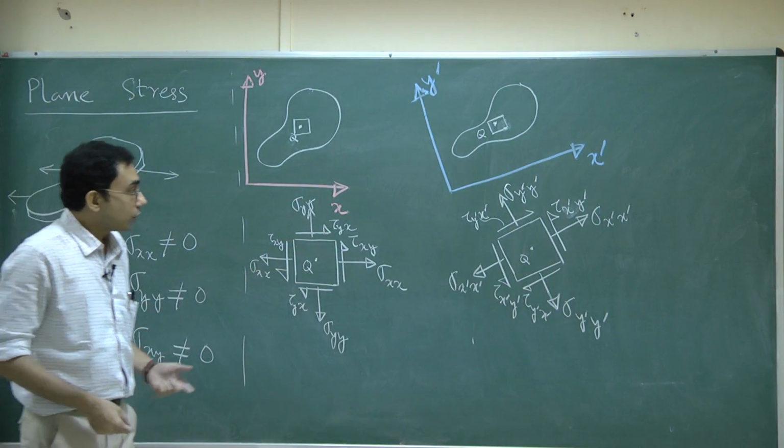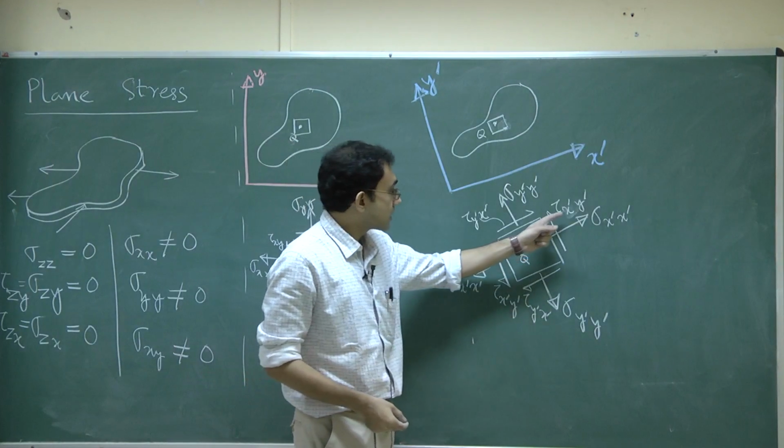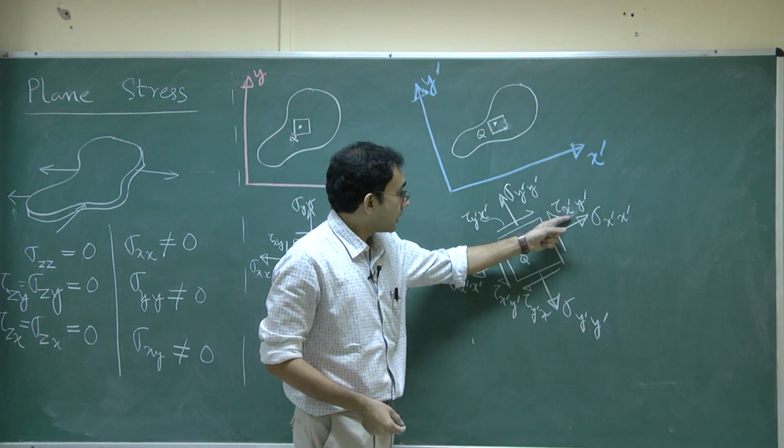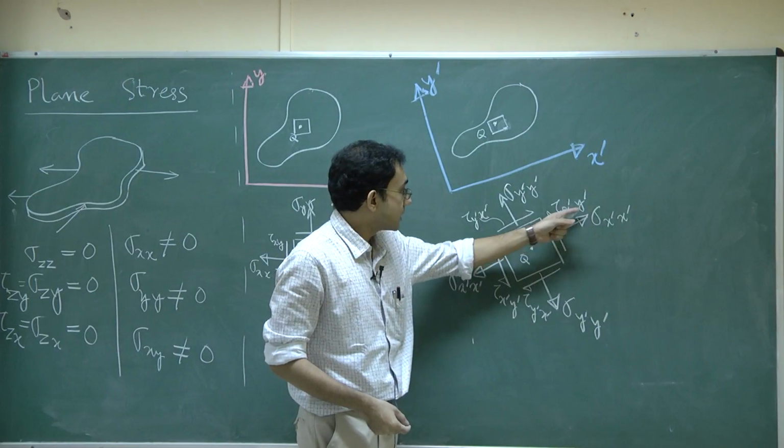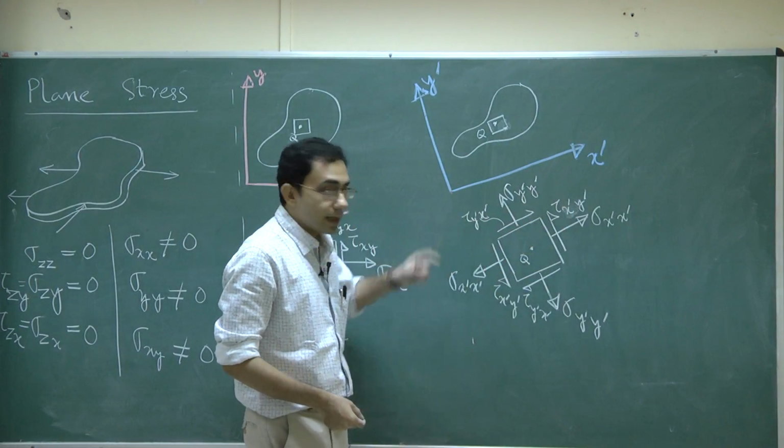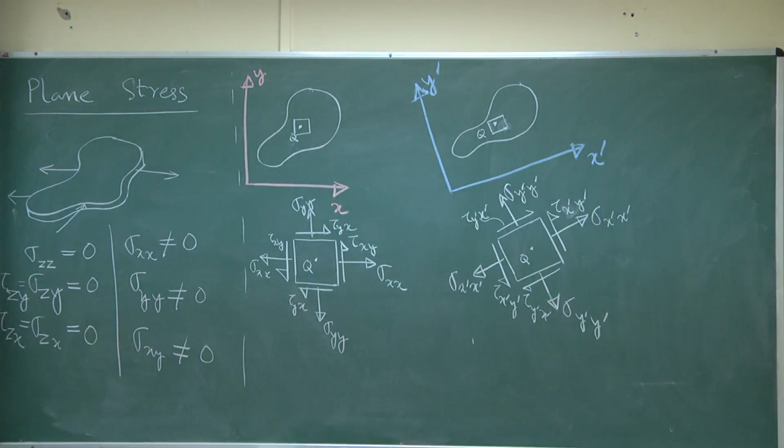How can you find it out? Similarly, we can ask the same question if there is any relationship between tau x dash y dash and tau y dash x dash. Okay. So, what we will do is proceed with this, right?